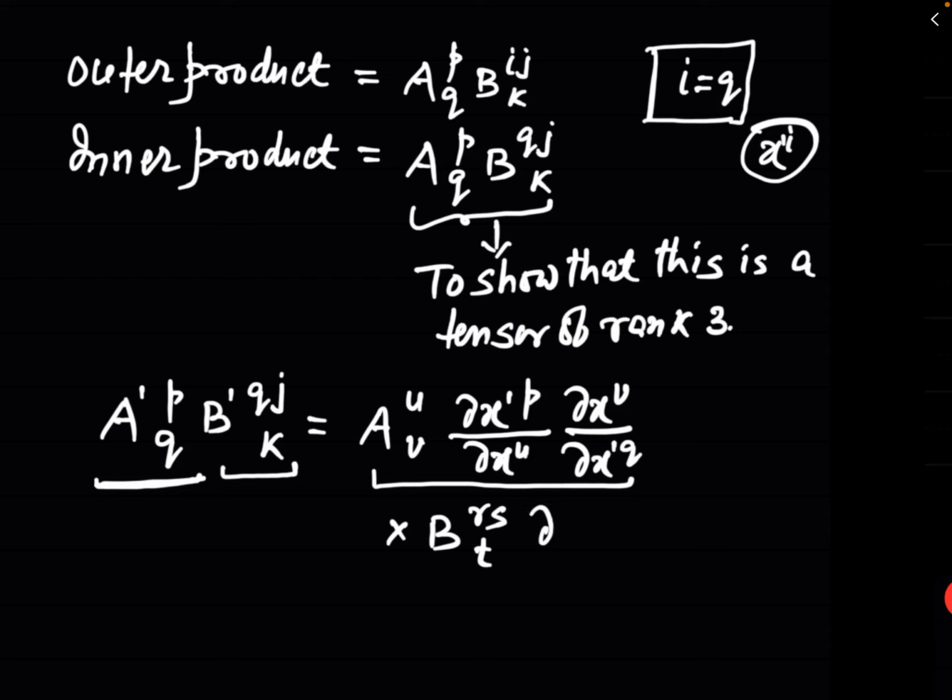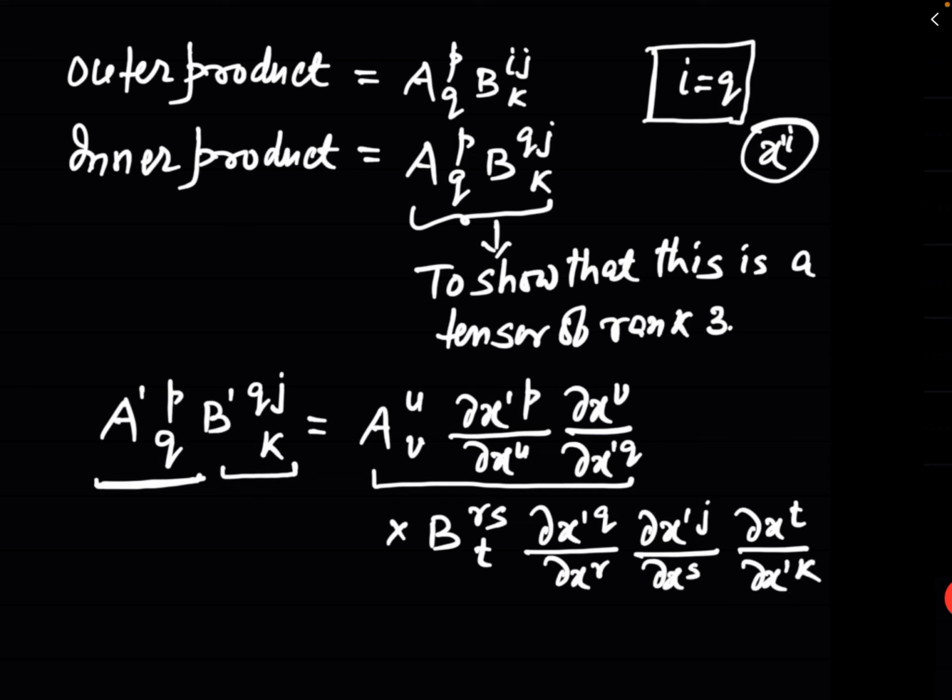You can say this will be del x prime Q by del XR, you know, del x prime J by del XS and times del XT by del x prime K.